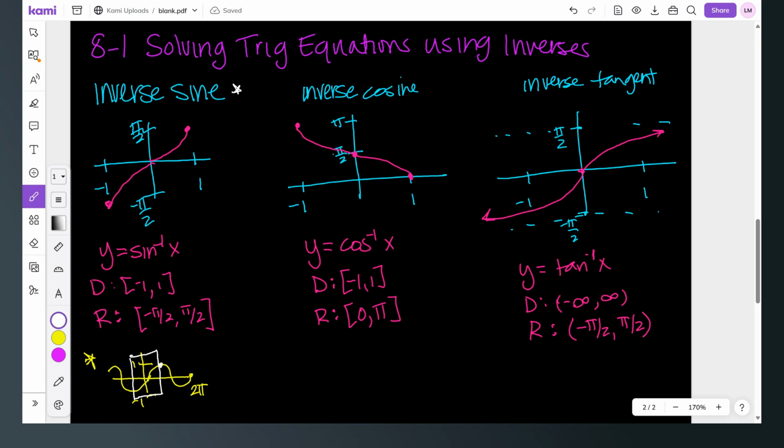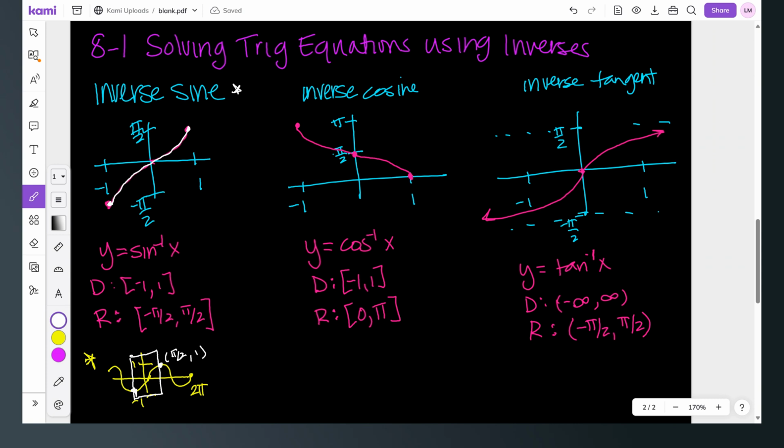So this point, which on this graph was pi over 2, 1, is now 1, pi over 2. And this point that was negative pi over 2, -1, is now -1, pi over 2. And then I switch places with all of the other ones, and I get this inverse sine graph.